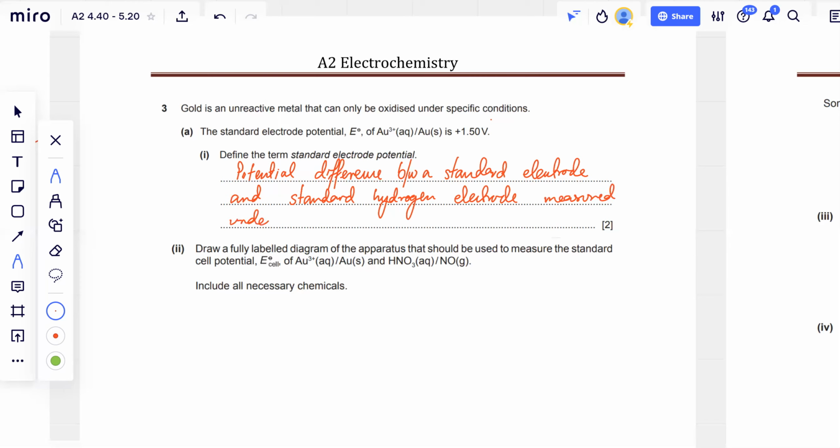And you can mention the conditions as well, just to be on the safe side: 1 atm, and if it's a solution, then it should be 1 mole per dm cube.